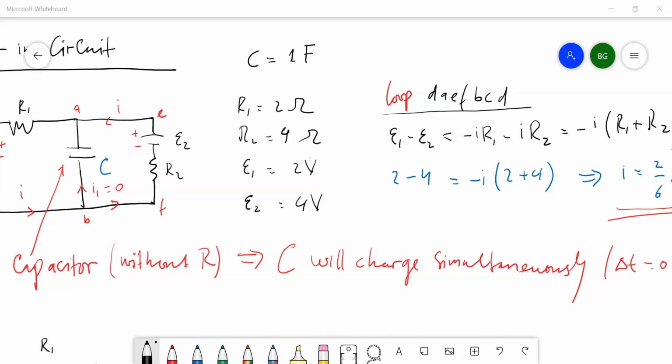Let's say I will ask which potential is greater, VA or VB? I think it's at A, sir. A, okay. Reno, which one is greater, VA or VB?